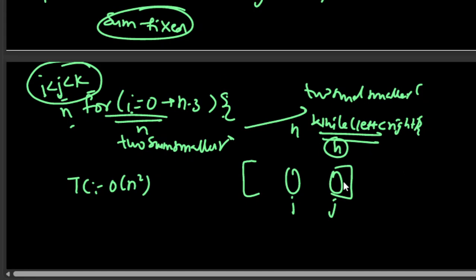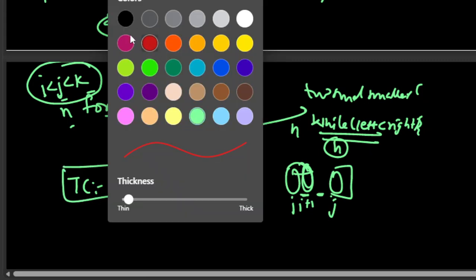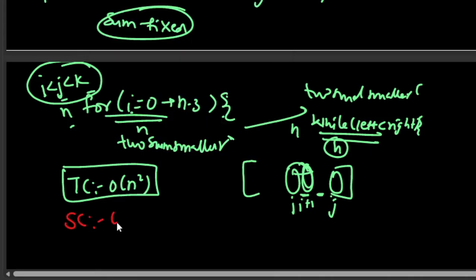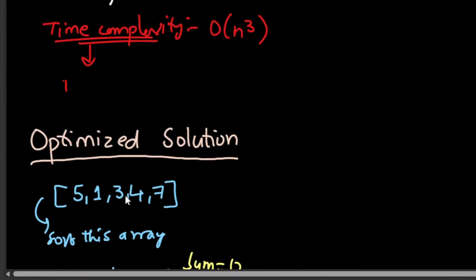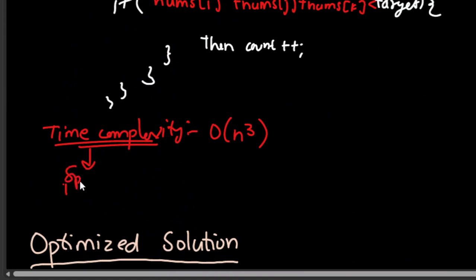Here the sum is greater than our target. So in the worst case, at the i+1 place I found an element where the sum is less than the target value, the desired value I want. So in that case n. So basically time complexity will be O of n square and the space complexity will be O of 1, and in the previous case also space complexity O of 1 because we are not using anything, right? So space complexity would be O of 1.